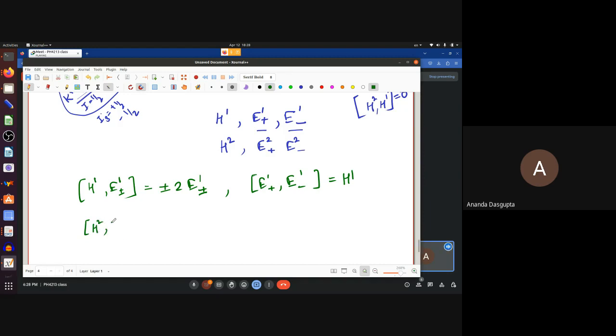One thing we could have said, we want to keep things as simple as possible. Okay. So one thing we could have said is that H2 commutes with H1 and that's it. I have no more operators. I have just this.